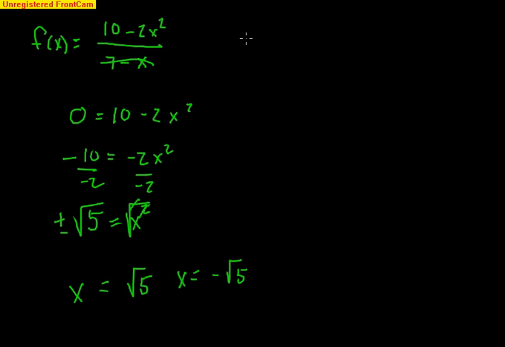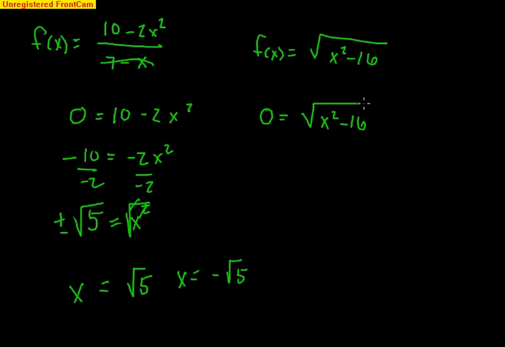And let's just look at one more problem here that has a square root. Let's do the square root of, sorry, that's an ugly square root, x squared minus 16. So once again, I'm not finding domain. I'm worried about finding zeros. So I'm going to say, okay, let's let that function equal 0, and let's see what happens here. The first thing I got to do is get rid of that square root. To get rid of a square root, I got to square both sides.